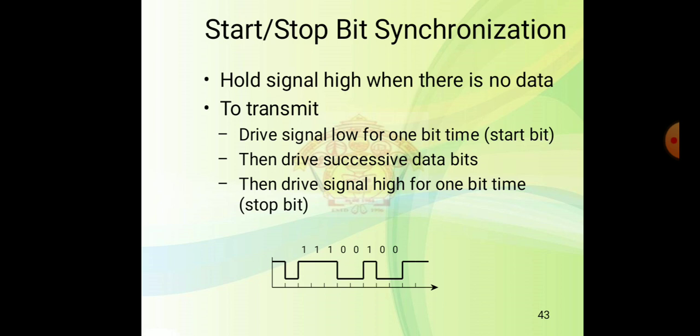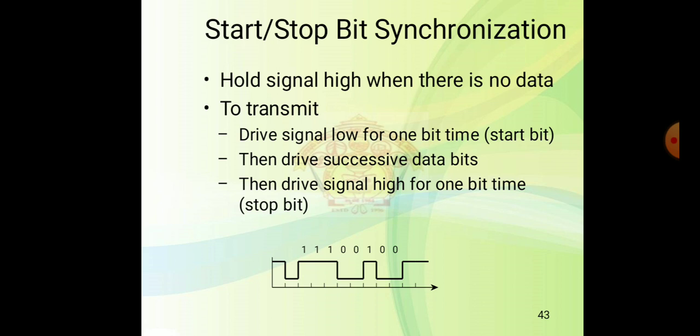Okay, so next is the second approach. In the second approach, the signal is held at a high logic level when there is no data to be transmitted. So the signal is held high when there is no data.